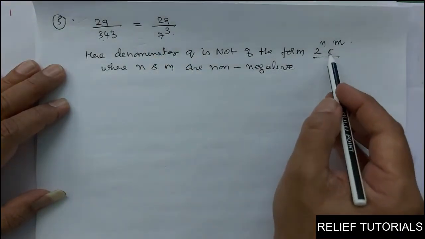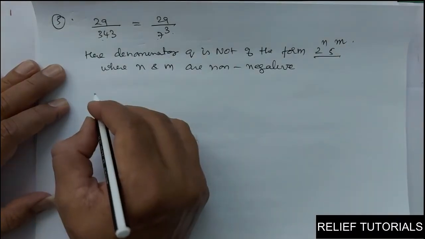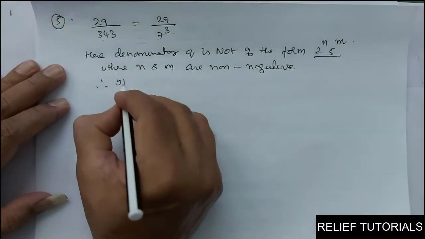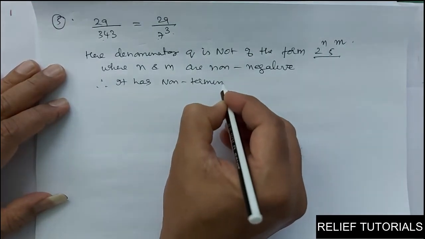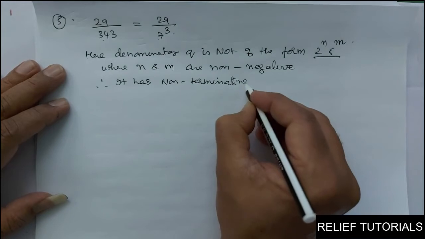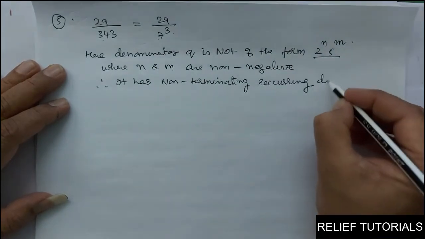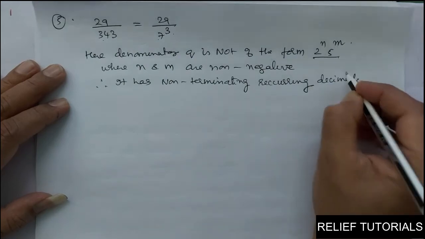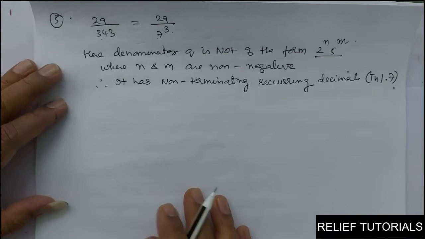It has no factor 2 or 5, it has 7. Therefore it has a non-terminating recurring decimal according to theorem 1.7. So no need of finding it.